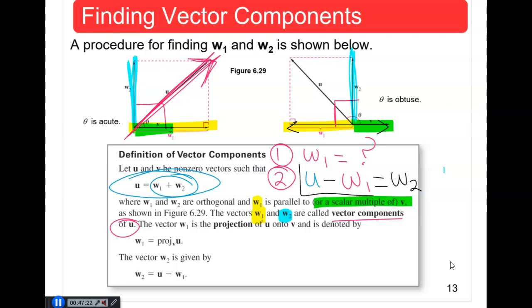So we're going to find w sub 1 first by using the definition that we see here, and we will look into the steps. There's a formula, so we'll go over that in a minute.